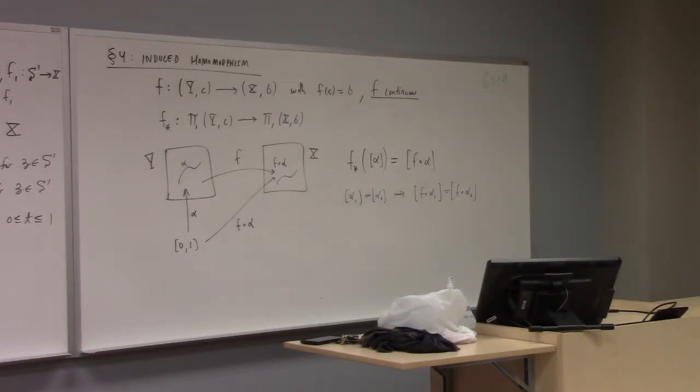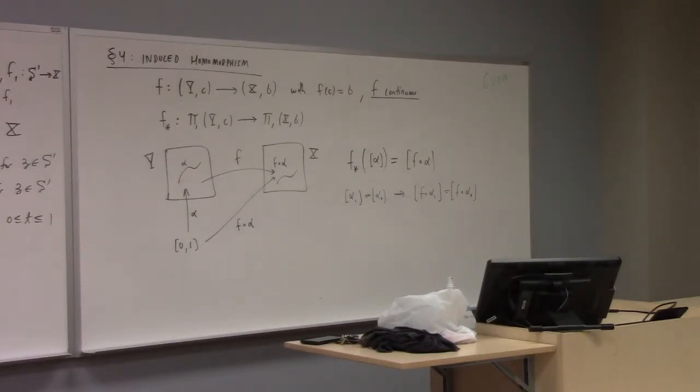Y0 and y1 in y. And f a map from y to x. Alpha and beta are paths from y0 to y1. Oh, okay, I got it. So this is alpha, this is beta, right?